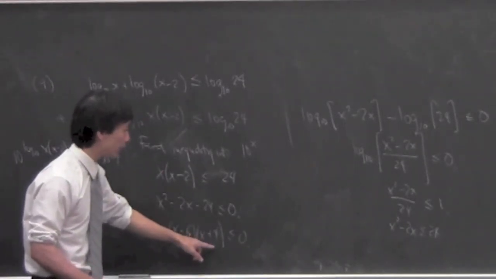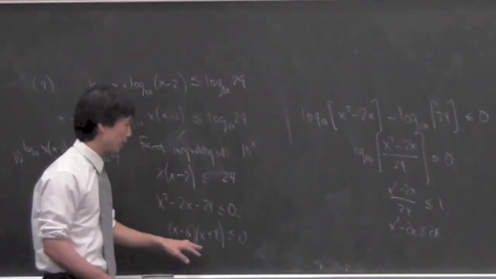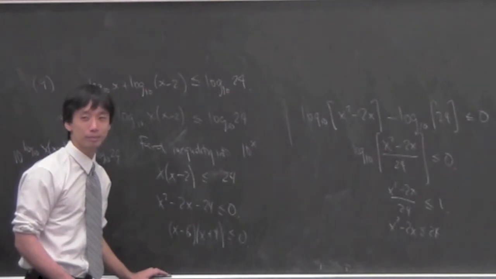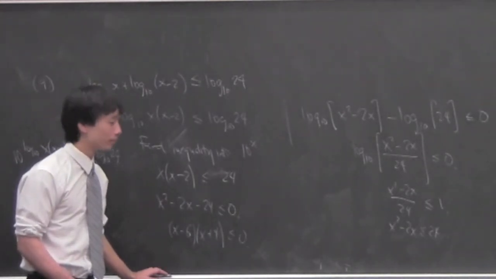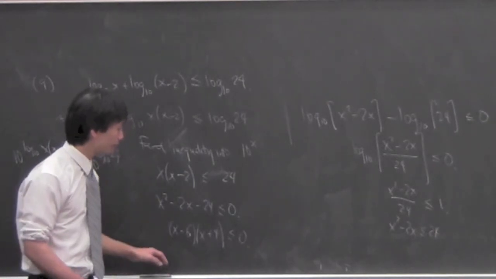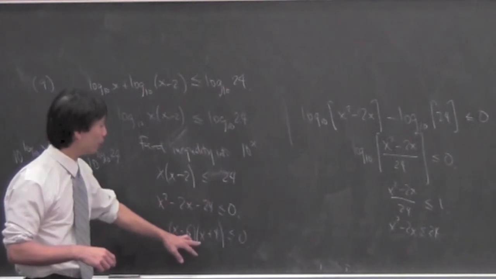Okay, so our question is, where is this less than or equal to 0? What do we do? Carol? So then you just do x minus 6 less than or equal to 0 and x plus 4 less than or equal to 0, and so on.